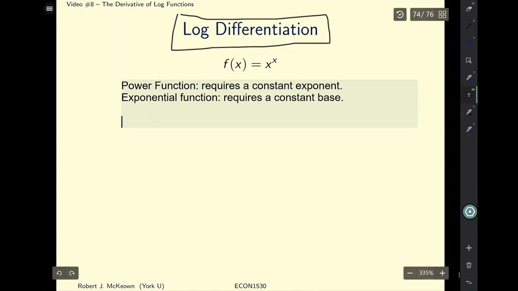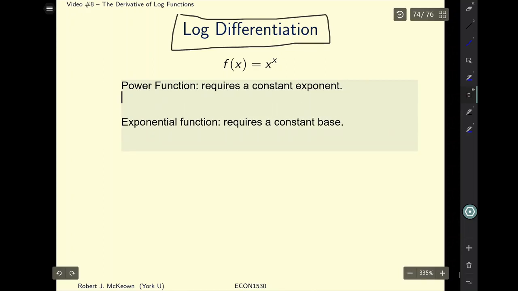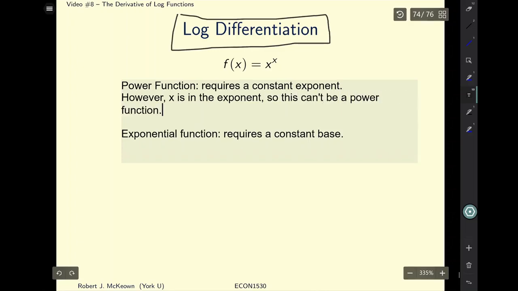And we can see here that x is in the exponent, so this can't be a power function. And an exponential function requires a constant base, but we see x is in the base, or x, I should say, is the base. So it can't be an exponential function.